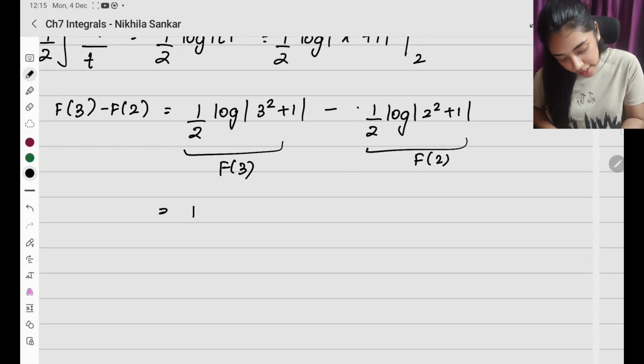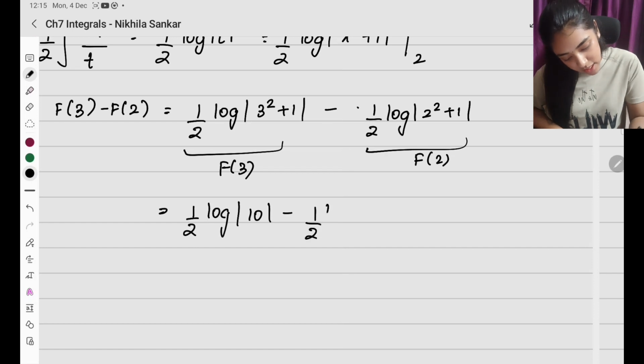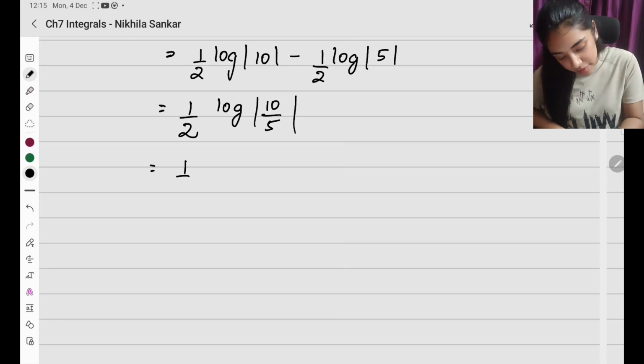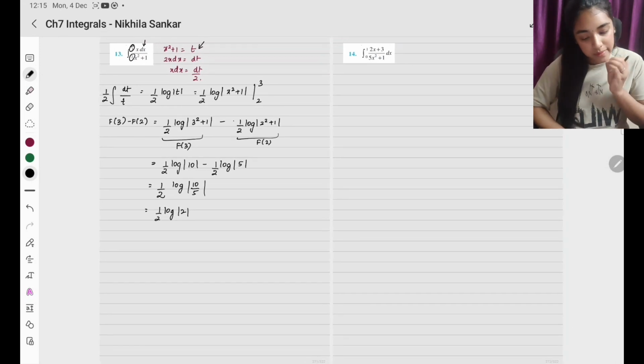When I solve, I have half log mod 3 square plus 1 is going to be, 3 square is 9, 9 plus 1, 10 minus half log mod 2 square 4 plus 1, 5. So half common, next log 10 minus log 5, log of a by b which is going to be log of 10 divided by 5. So when I simplify, half log mod 2. 10 and 5 get cancelled. So it is going to be log mod 2. Okay. Please copy.